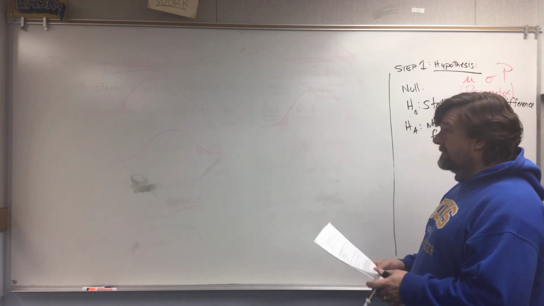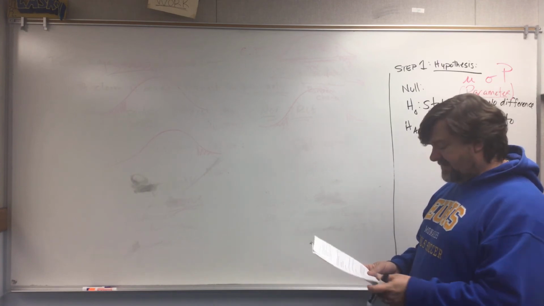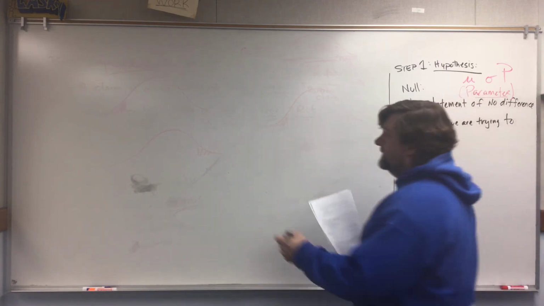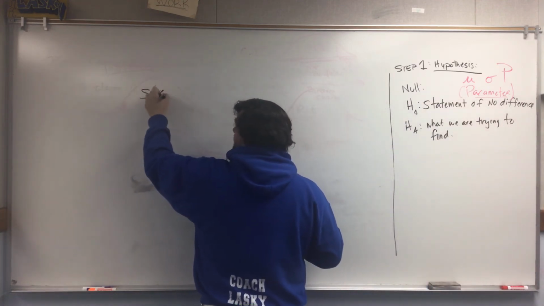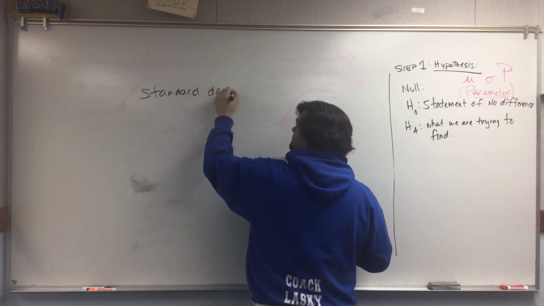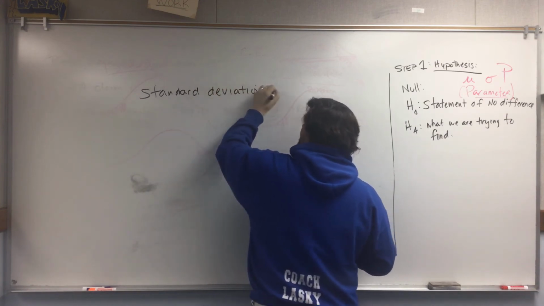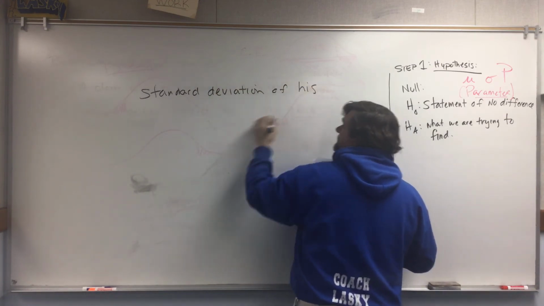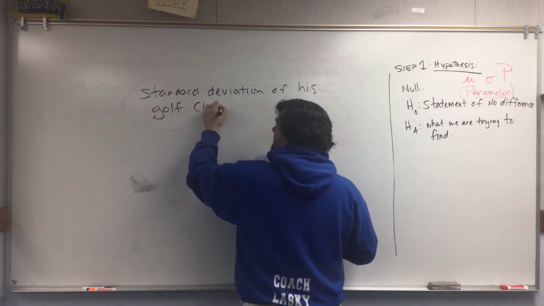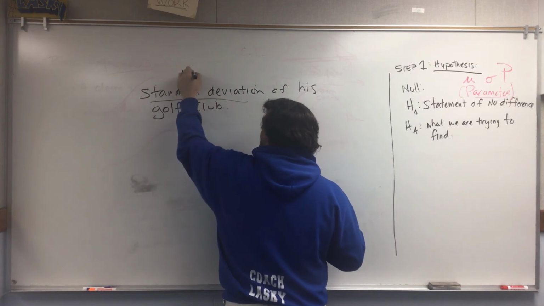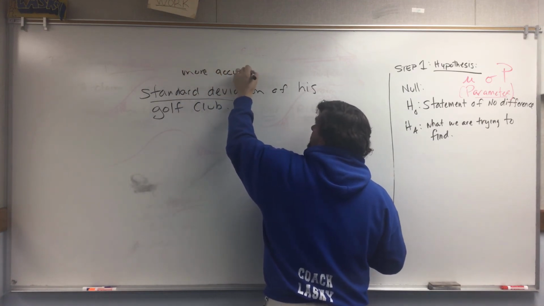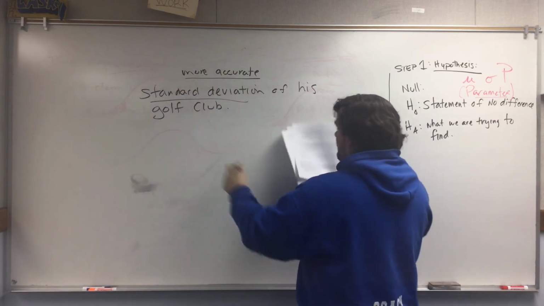When we're talking about variability, we're talking about standard deviation. So Mike is interested in the standard deviation of his golf club. He wants to be more accurate. Remember, accuracy has to do with standard deviation, how far it lands.